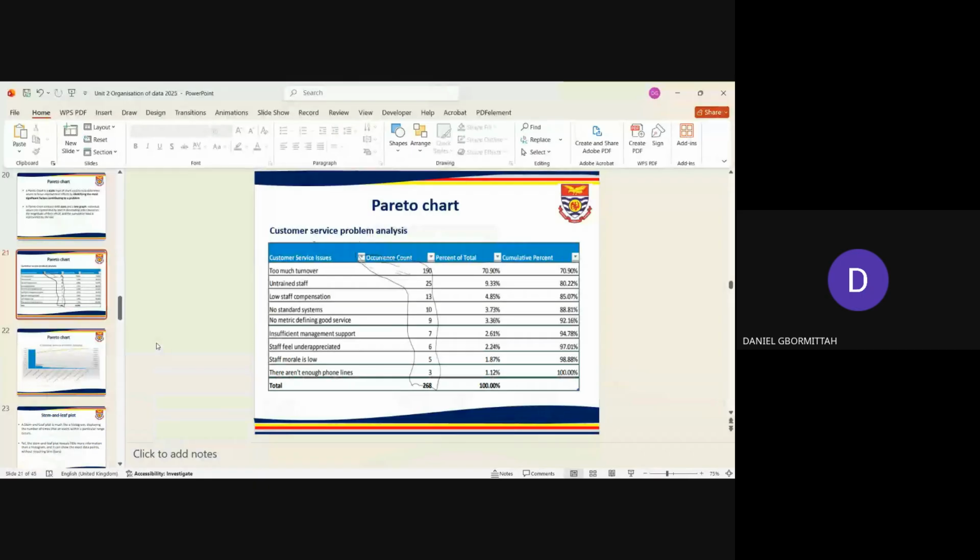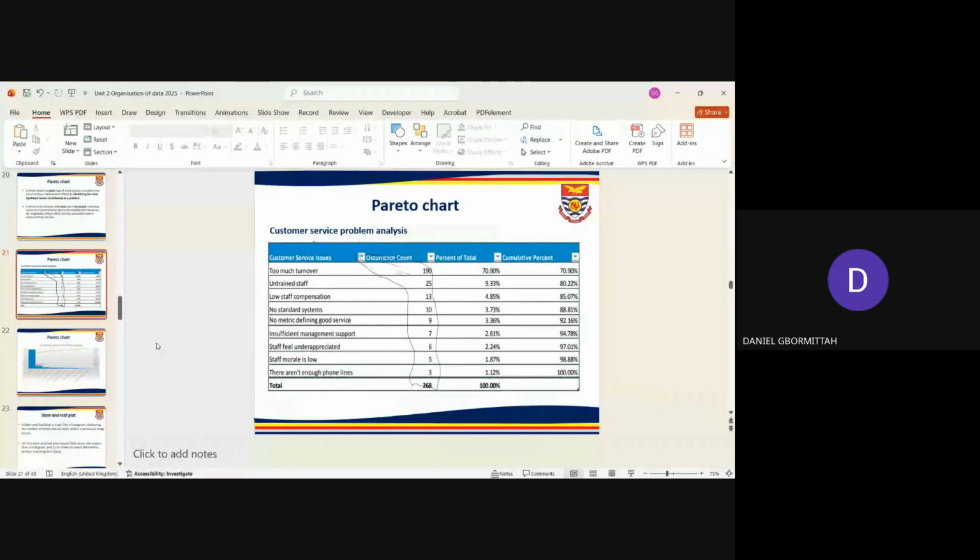Now, can we convert the various counts for the service issues to percentages? For 190, to find the percentage out of the total, we need to find the total. The total frequency count was 268.